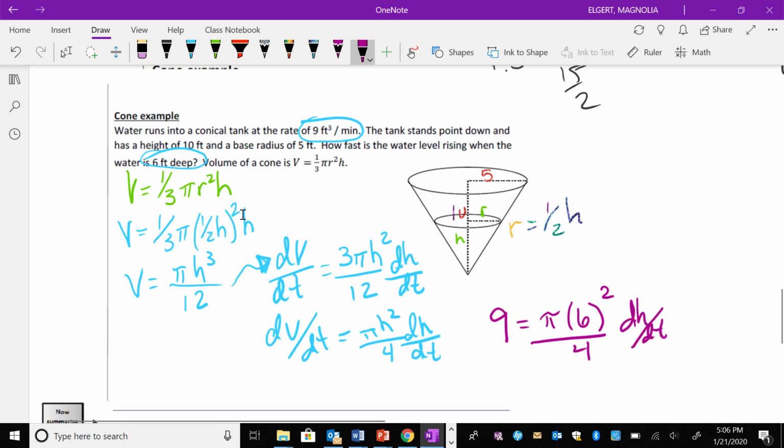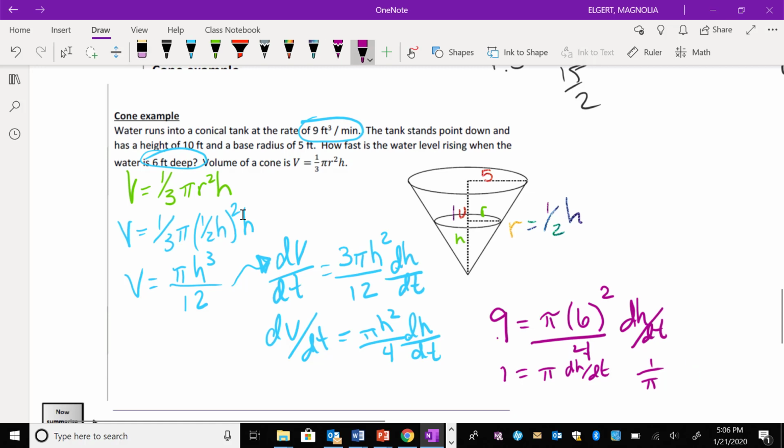So we can solve that. It looks like it's going to work out nice because 9 times 4 is 36. 6 squared is 36. So I get 1 equals pi dh/dt. And so 1 over pi feet per minute is the rate of change of the height.